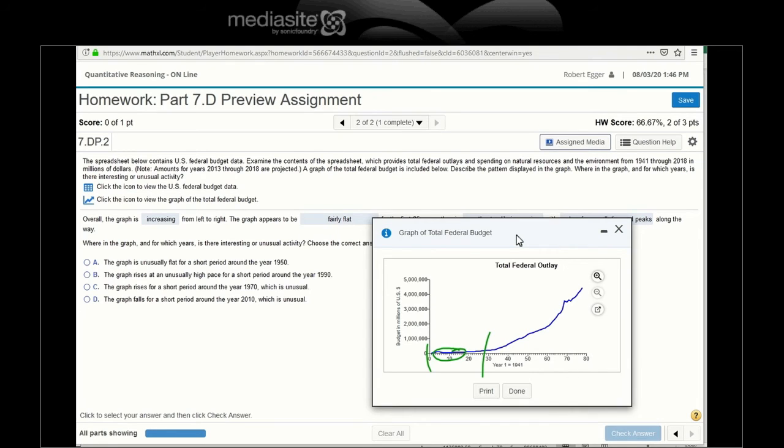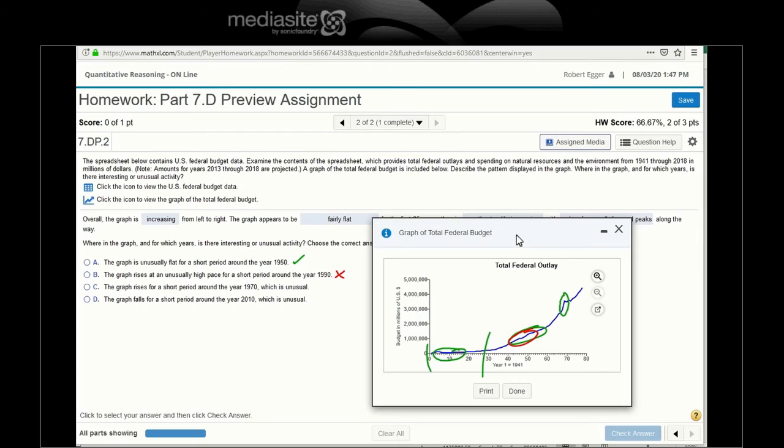So that has possibilities. The graph rises at an unusually high pace for a short period around year 1990, which would be around here. It doesn't look like it's going at an unusually high pace. This I would consider unusually high. Around here, no.